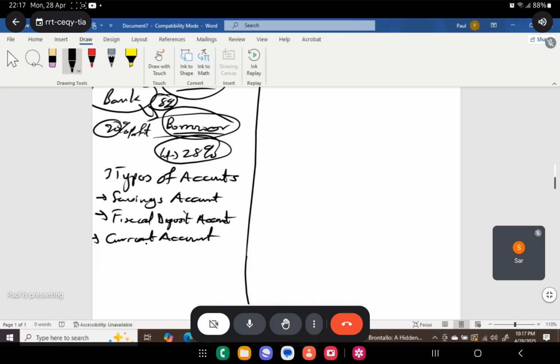Now, a savings account. Please, what is a savings account? I believe you guys know what a savings account is. Everybody has a savings account. That's where you keep your money.